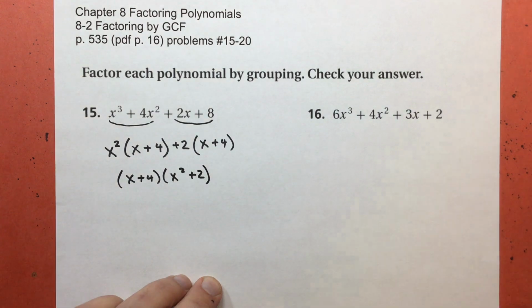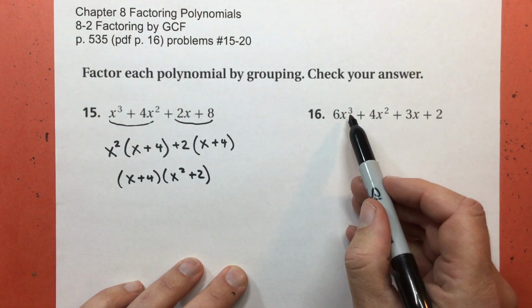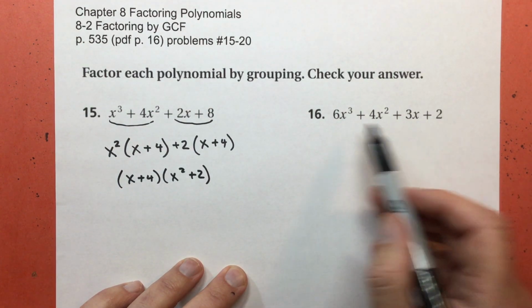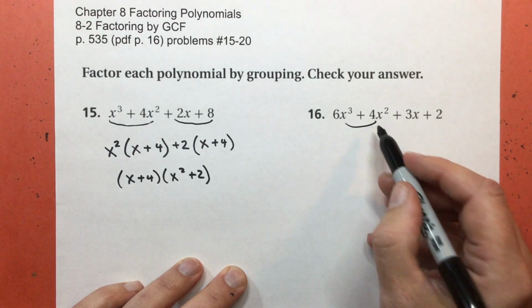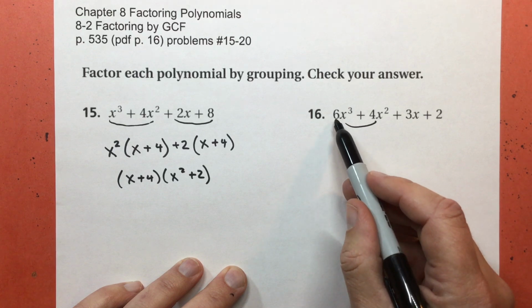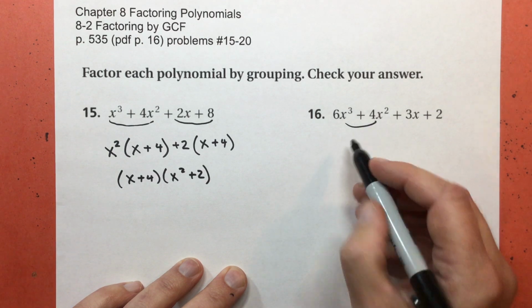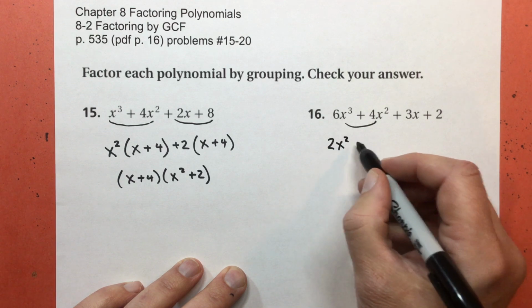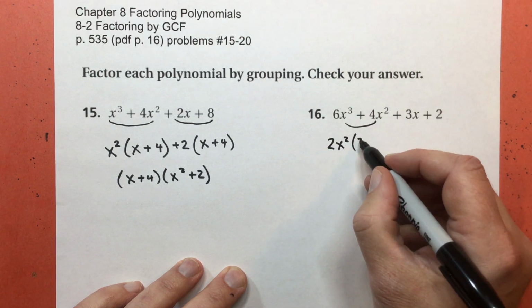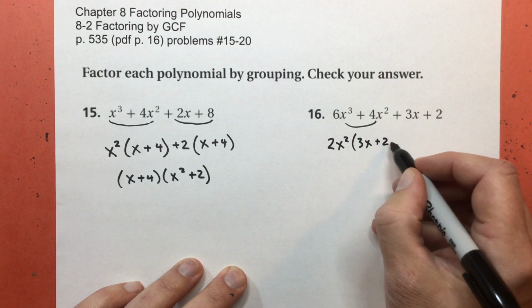Let me show you the same thing with this problem. Again, 3, 2, 1, 0. So this is in standard form. And I can put these two together. Here is 2 times 3 and 2 times 2. So my common factor is 2x squared. That leaves 3x plus 2.